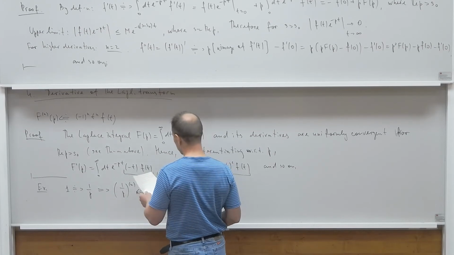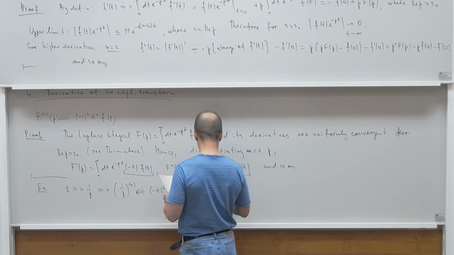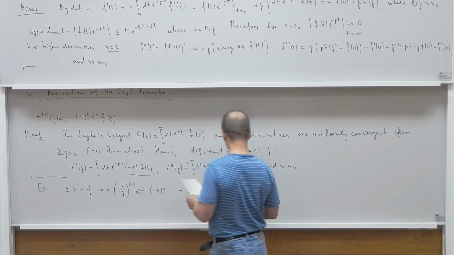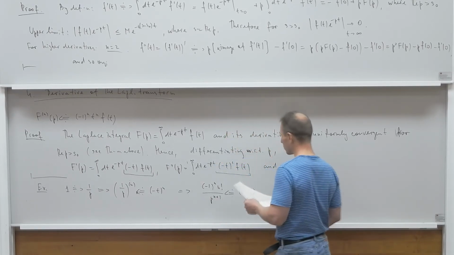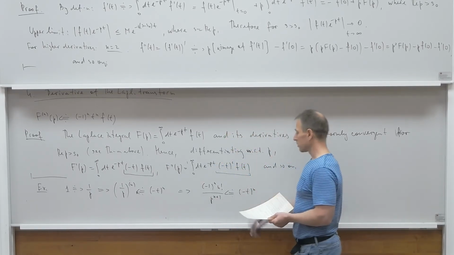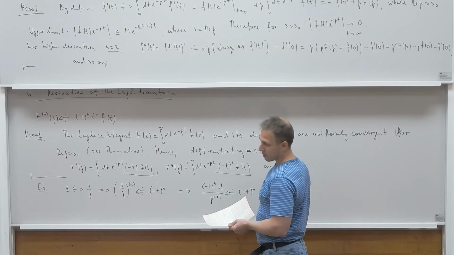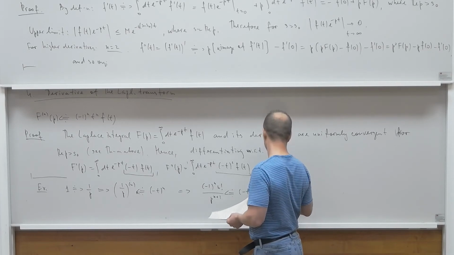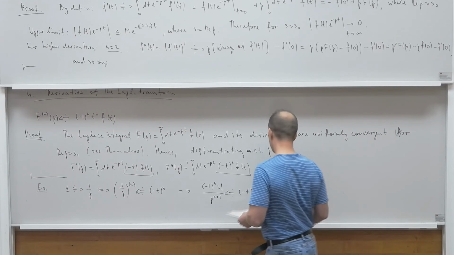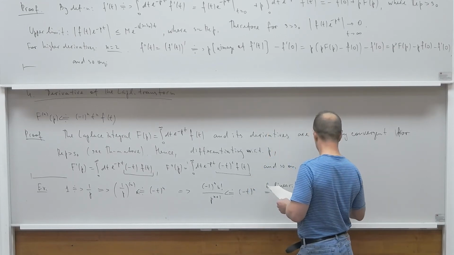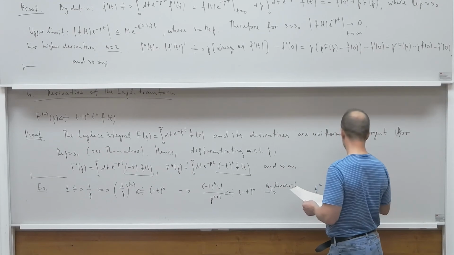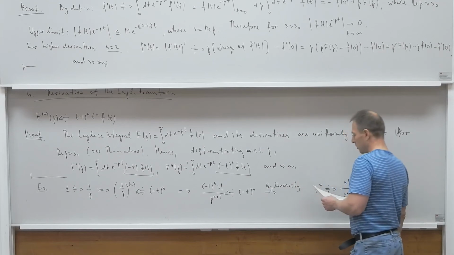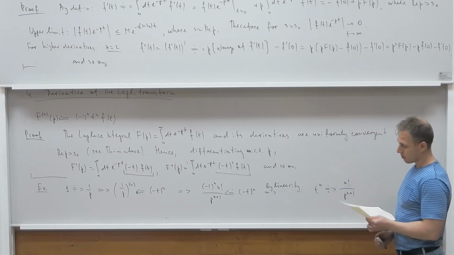Differentiating this ratio we have such a relation, and multiplying this equality by minus 1 to nth power, and using the linearity of the Laplace transform, we have the relation: t to nth power is Laplace transformed to factorial of n over p to the nth plus 1 power.